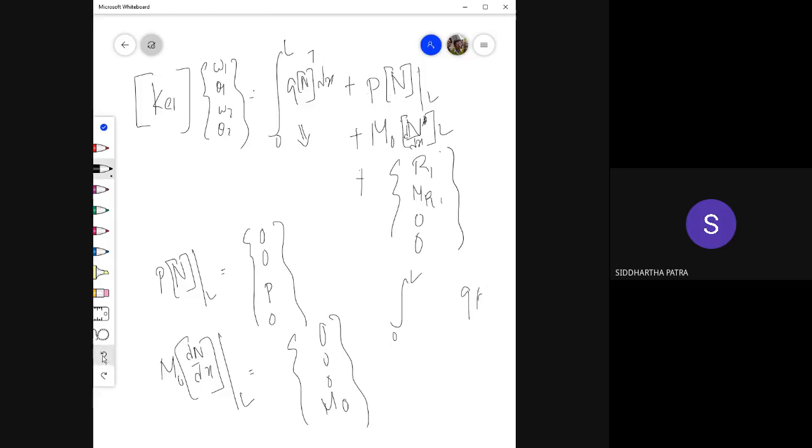I'm just keeping it as a function of x. And I'm still doing the integration with respect to x, but this dx is essentially d xi times J. And when you integrate with respect to xi, the limits change from 0 to -1 and L to +1. And N transpose is supposed to look like this.